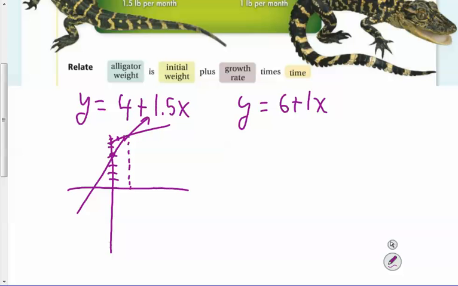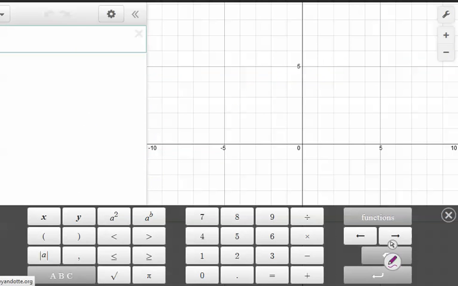Now, an easy way to do that is to do a very accurate graph. So let me show you how we could do that. What I went to is this super awesome website called Desmos. If you check this out, I'm going to put in the first equation: y equals 4 plus 1.5x.